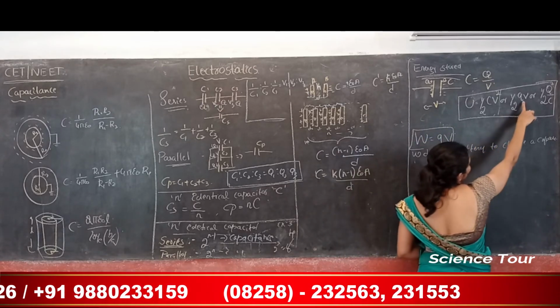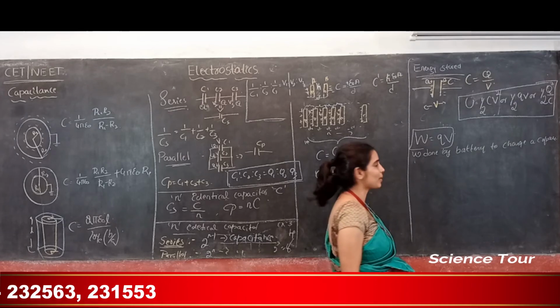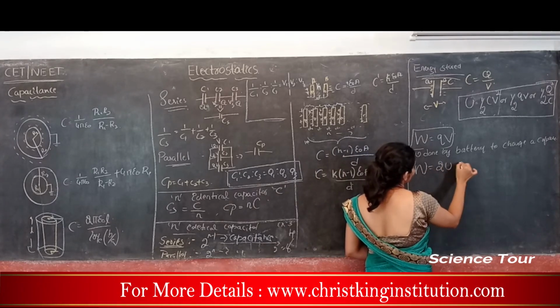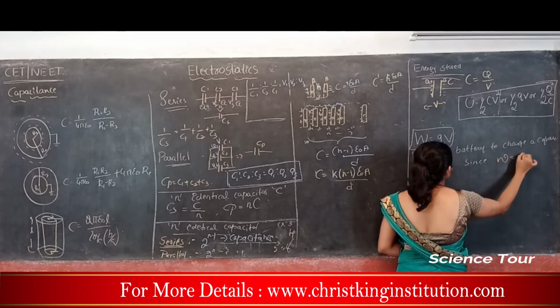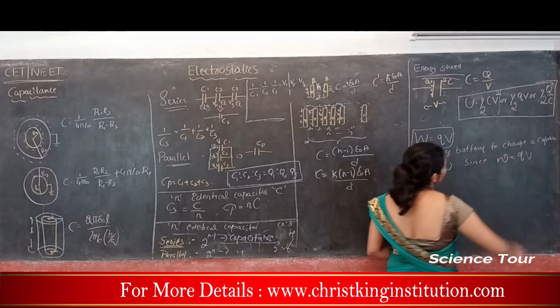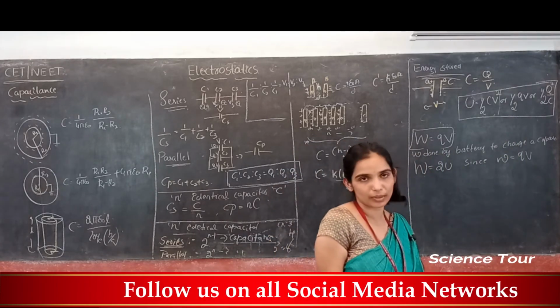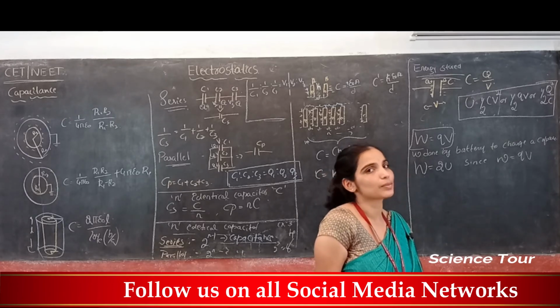So from this, Q into V is 2 times the energy stored in the capacitor. Since work done is equal to Q into V, and half into Q into V is nothing but the energy stored in a capacitor, QV is 2 times the energy stored.